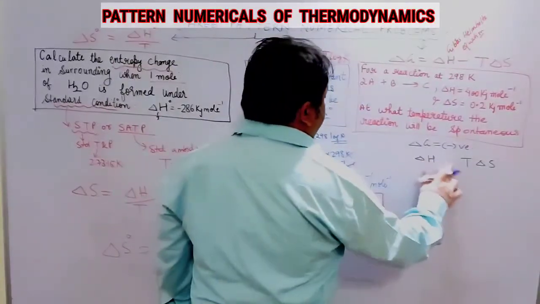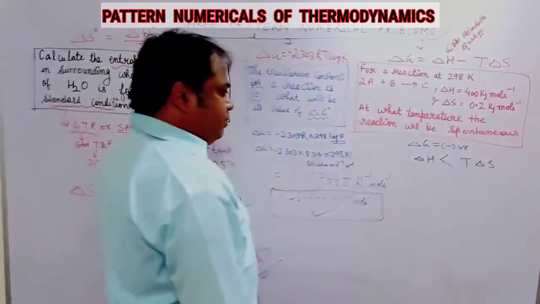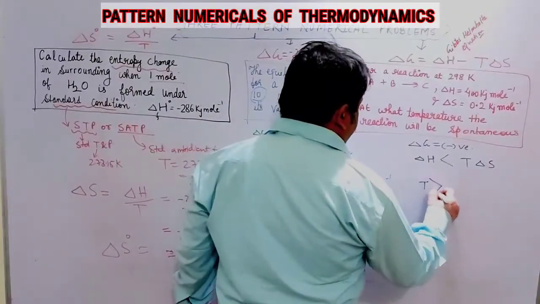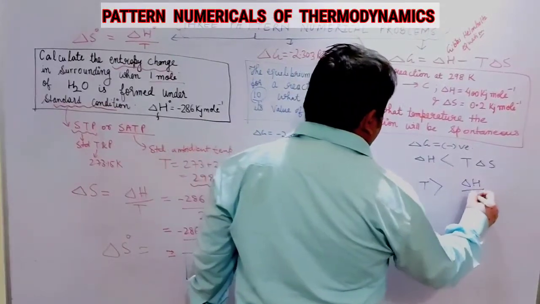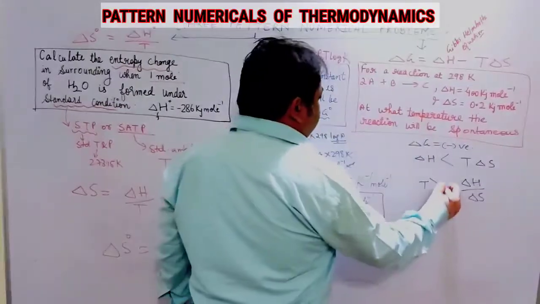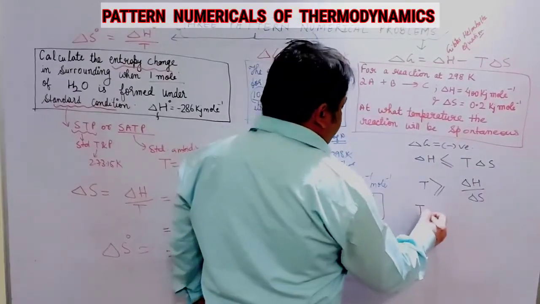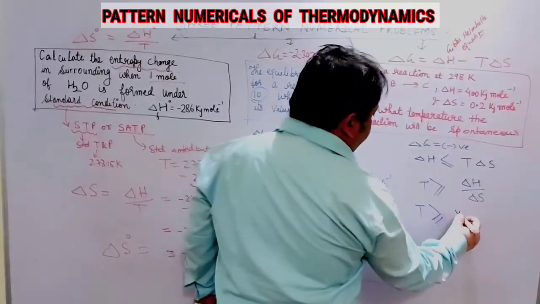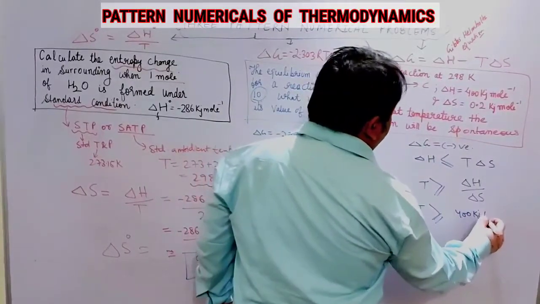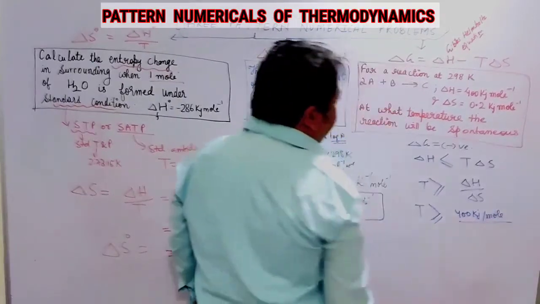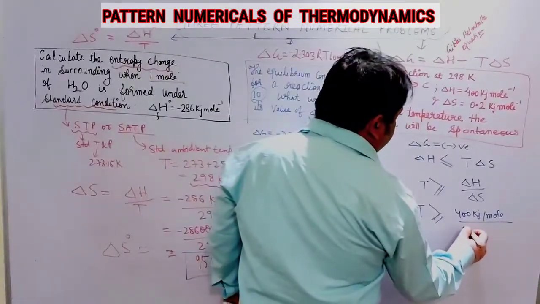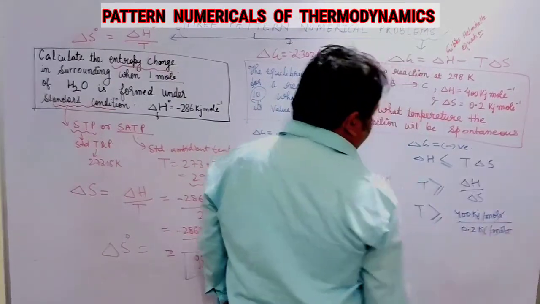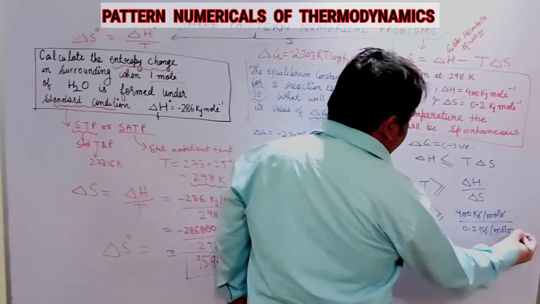So we can write that T should be greater than or equal to delta H by delta S. The value of this will become 400 kilojoule per mole divided by 0.2 kilojoule per mole per Kelvin.